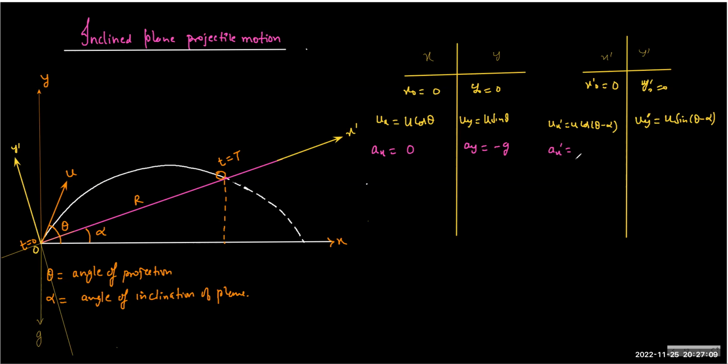The acceleration is only due to gravity. There is no other acceleration. So you have to resolve the g only. What is ax dash? Resolve and tell me the answer. Minus g sin alpha. Correct. Very good.